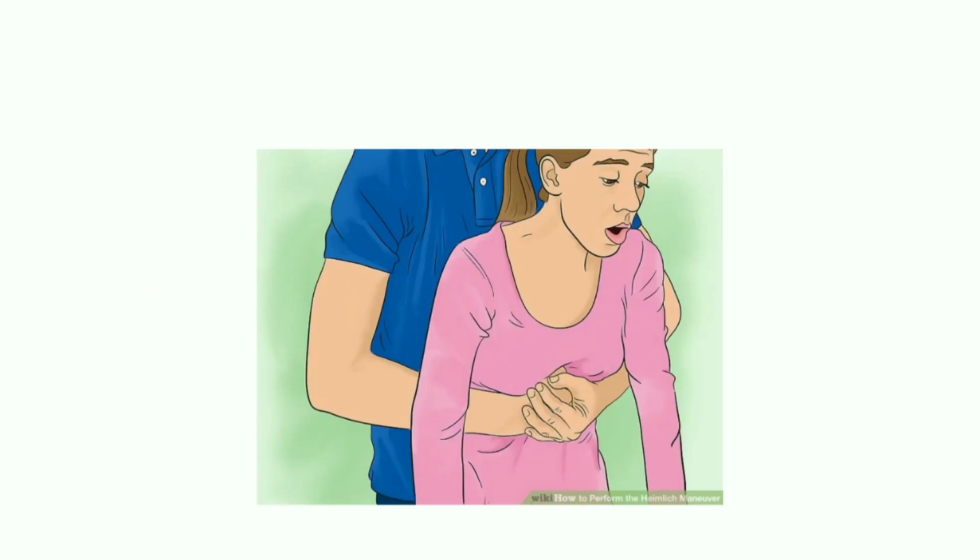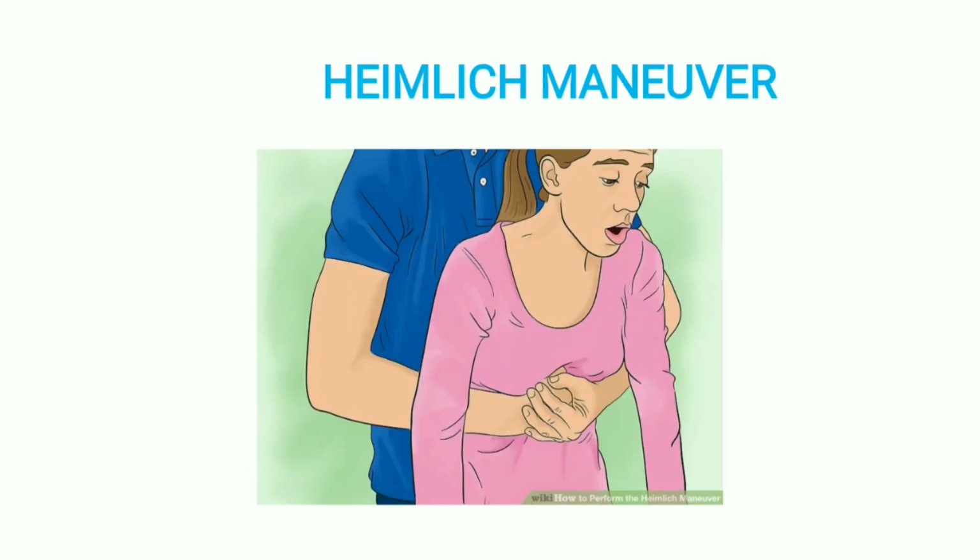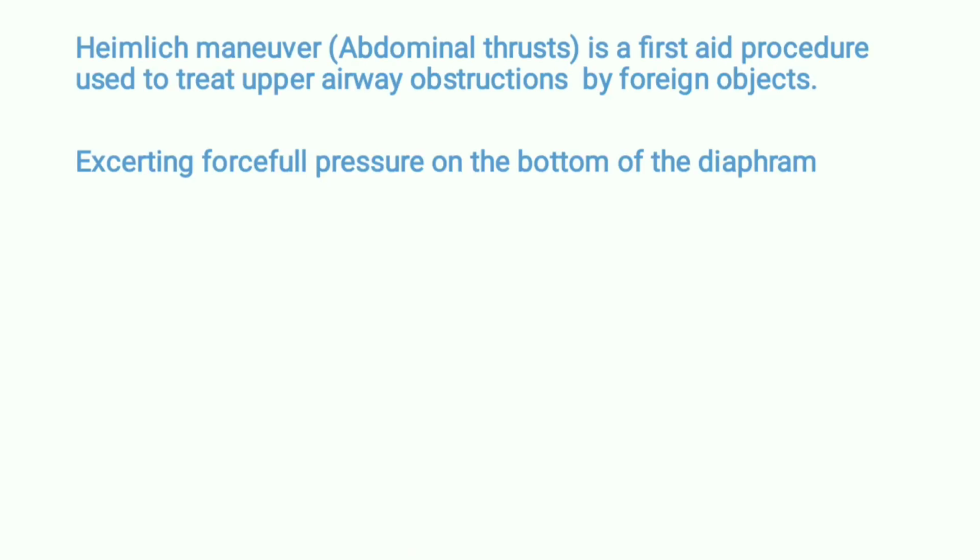Which maneuver is demonstrated here? It is called Heimlich maneuver. It is also called abdominal thrust. It is a first aid procedure used to treat upper airway obstruction by foreign objects.